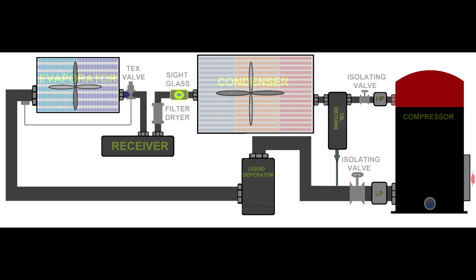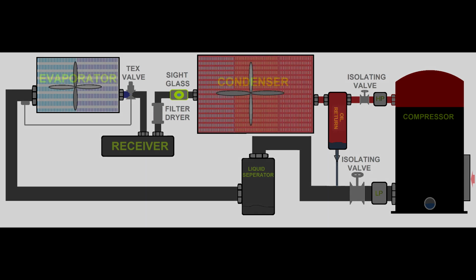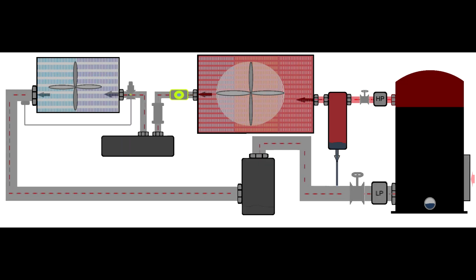So let's start again. When the compressor starts, the refrigerant starts moving through the system. So the heat advances from the compressor towards the condenser. When the condenser reaches the critical heat, the condenser fan motor starts. And the refrigerant is subcooled.